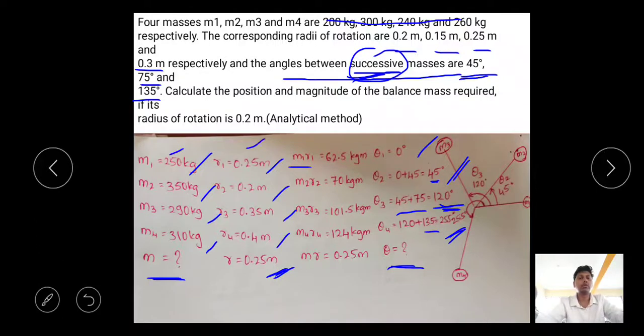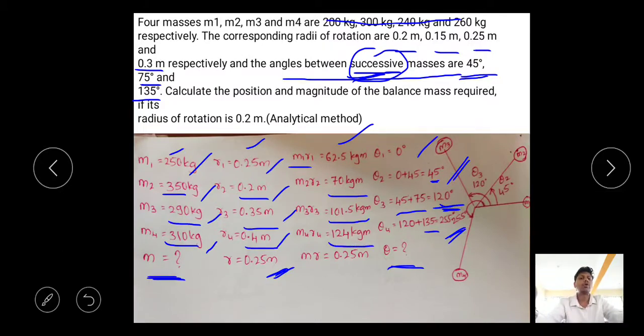So 250 into 0.25, you will get 62.5. Then m2 r2, 350 into 0.2, you will get 70 kg meter. M3 r3, 290 into 0.35, you will get 101.5. Then 310 into 0.4, you will get 124 kg meter.